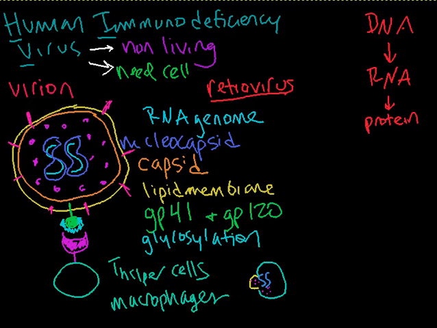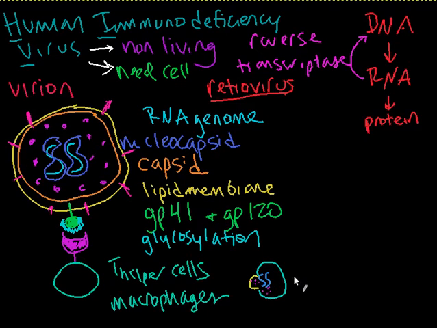But HIV can make DNA from RNA with the help of a protein, an enzyme, called reverse transcriptase, which is one of these pink little proteins that HIV spews into the cell when it fuses.